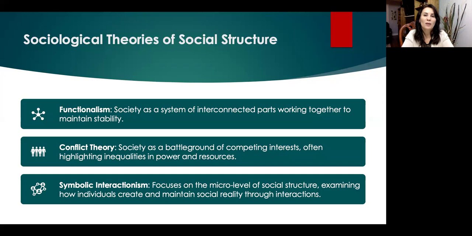So the next one is conflict theory. Conflict theory says that society is a fabric of conflicts. It's a battleground of competing interests, often highlighting inequalities in power and resources. So whoever is stronger, whoever is more educated, whoever is wealthiest, they have a better chance of winning in certain competitions in society.